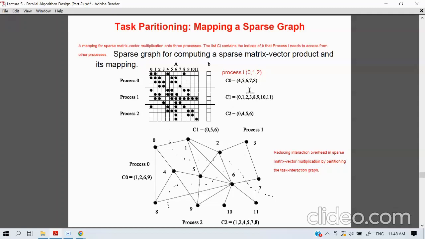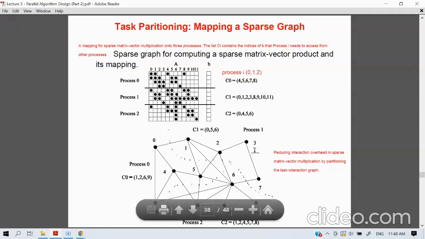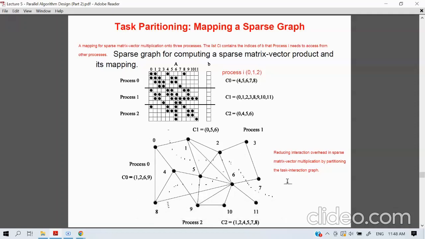So you can do the partitioning using this kind of version, or you maybe do the partitioning or mapping by transforming the matrix into a task interaction graph. Sometimes when we look at the graph, we know that there is a communication or interaction between which node and which node.